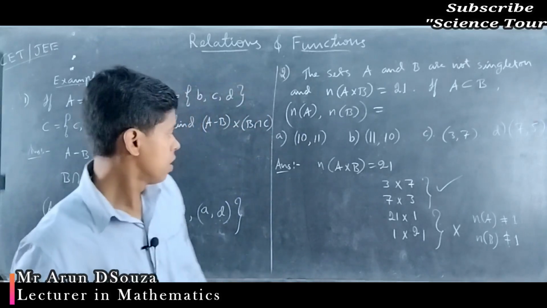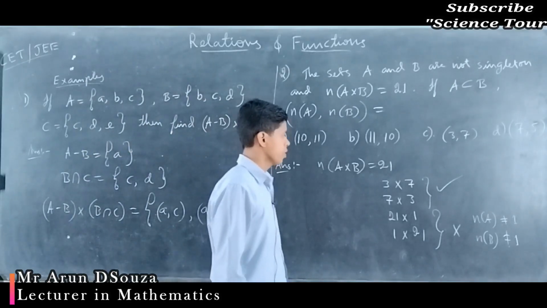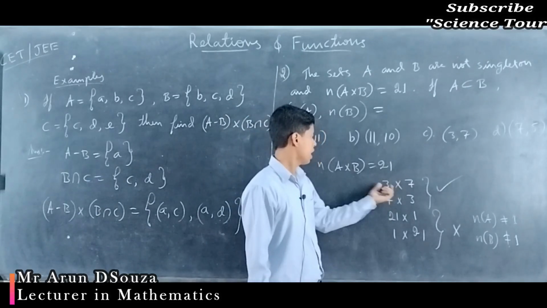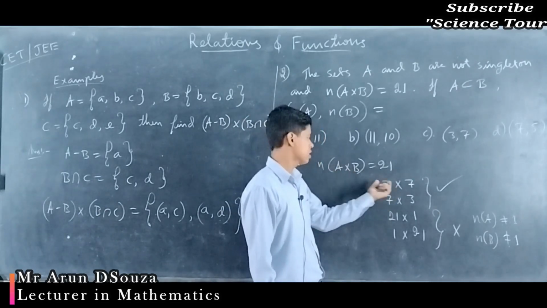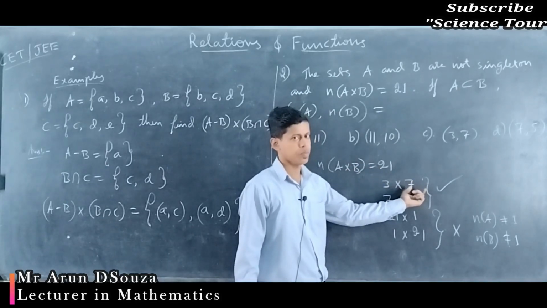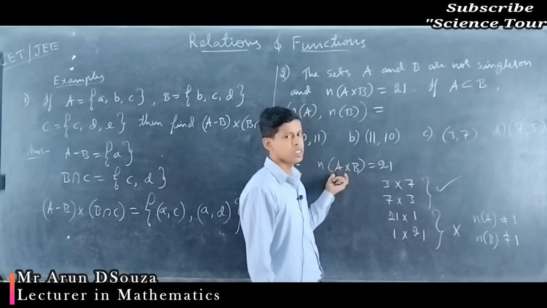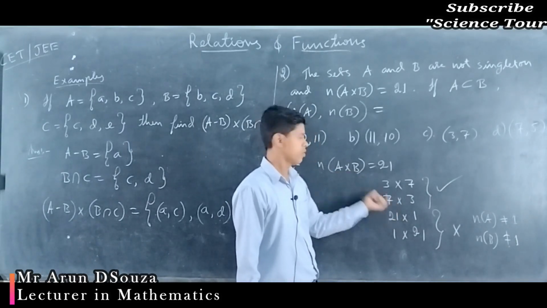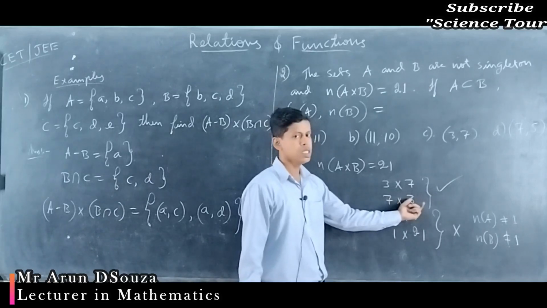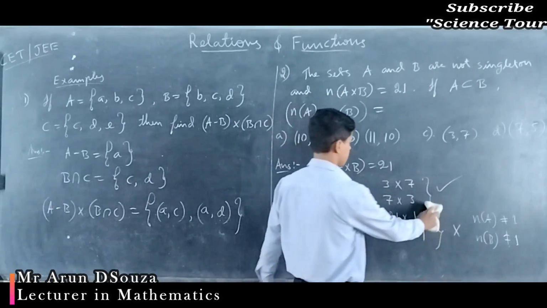So let's work with those two. Once again, you have the number of elements in A is 3, the number of elements in B is 7. Here you have the number of elements in A is 7, the number of elements in B is 3. Now tell me, is this possible?